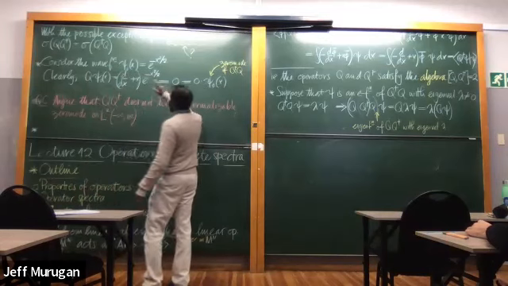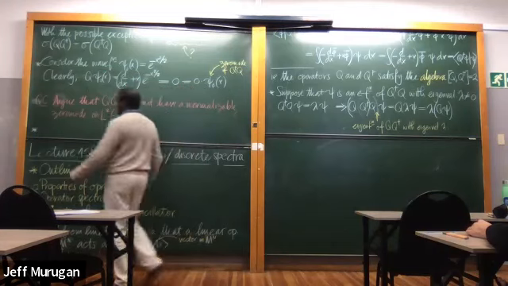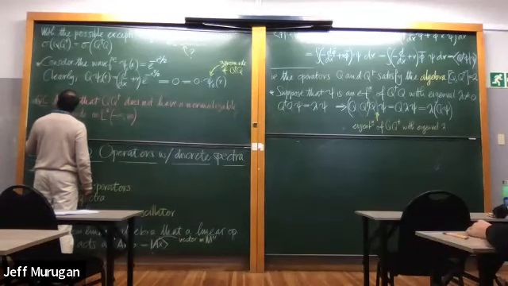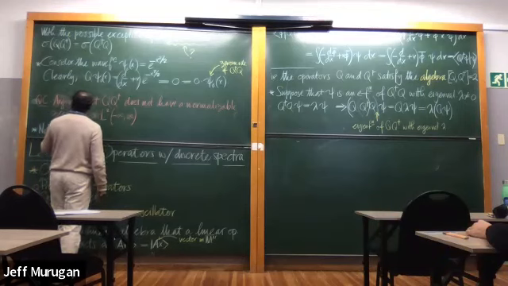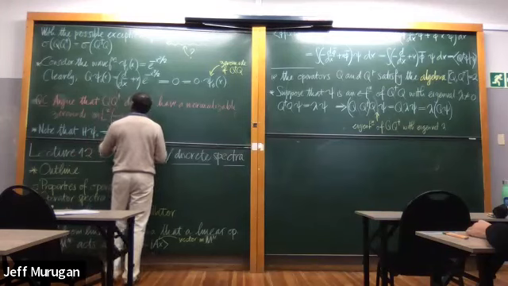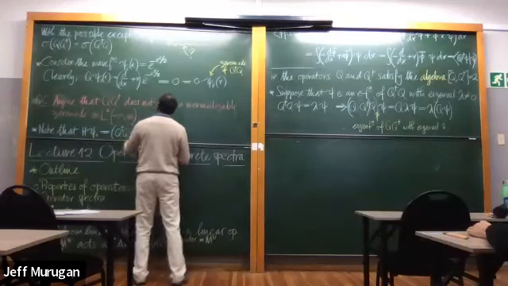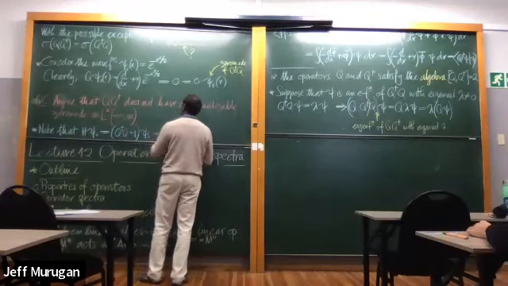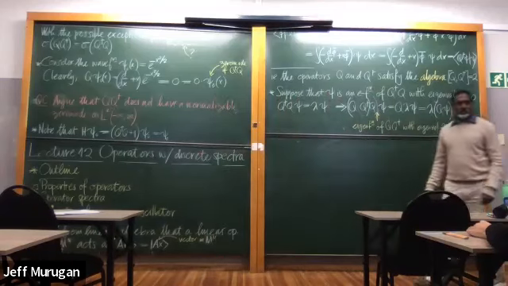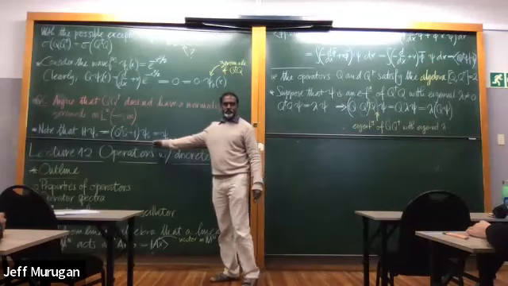Well, if psi naught is a zero mode of Q dagger Q, this means that if I act on psi naught with the Hamiltonian, that's just Q dagger Q plus 1 acting on psi naught, which is just psi naught. In other words, this zero mode of Q dagger Q is an energy eigenfunction of the Hamiltonian with eigenvalue 1.